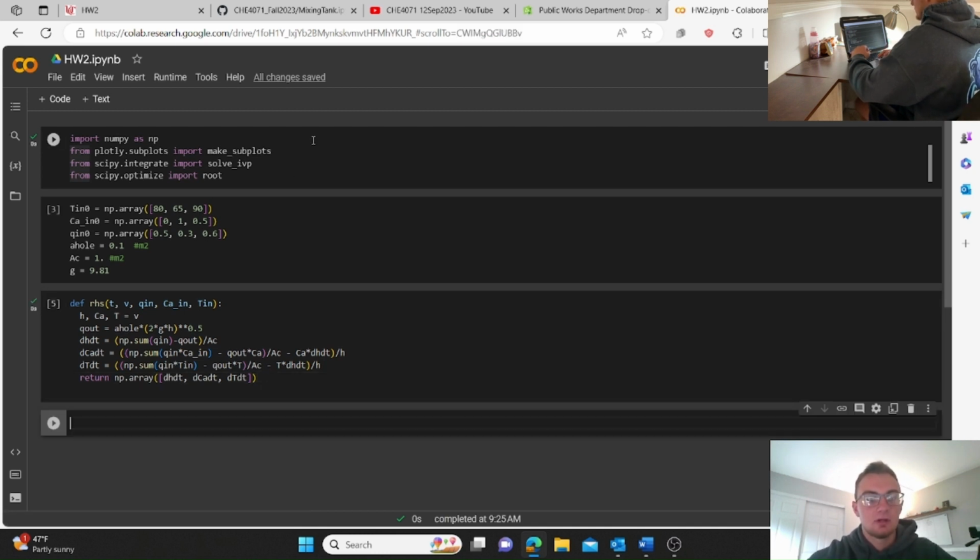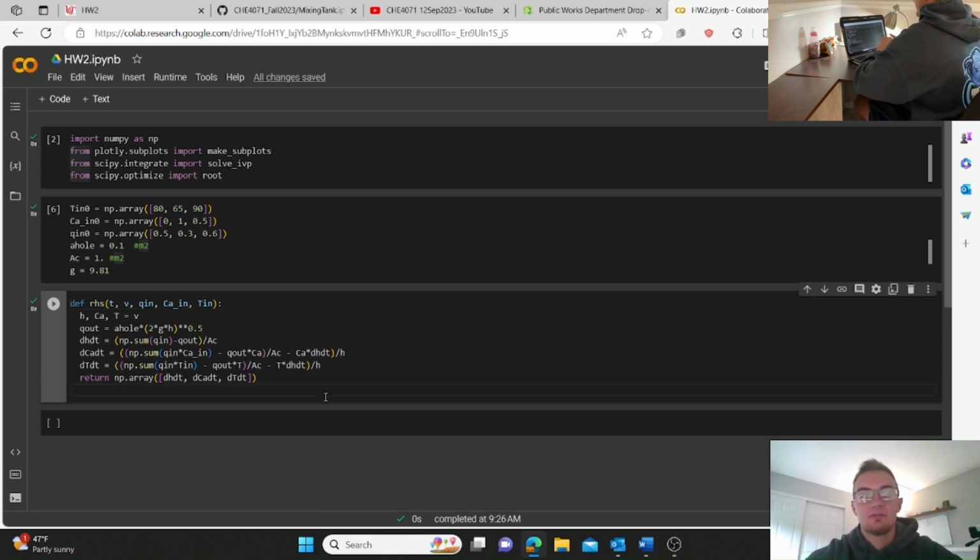And what we need to do is, we have said that we are looking for the height, concentration of A, and temperature of this tank. If we keep these flow rates, and we want to see this over a long period of time, essentially it's going to reach some steady state. So what we can see is that if all of these derivatives, dh dt, dca dt, and dT dt, are equal to 0, they're not changing, then we have reached some steady state and we can get those values.